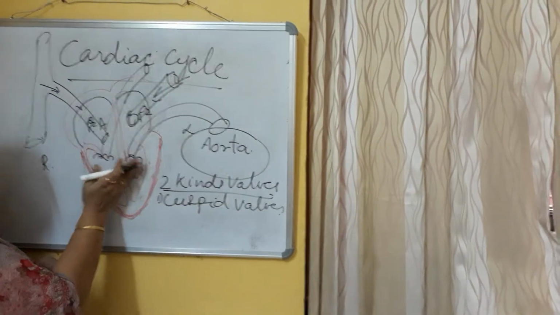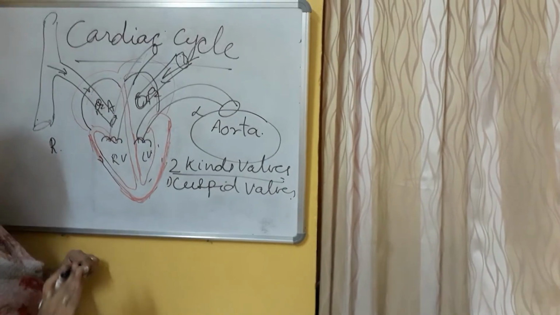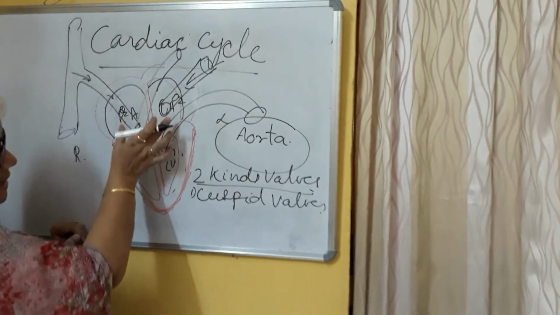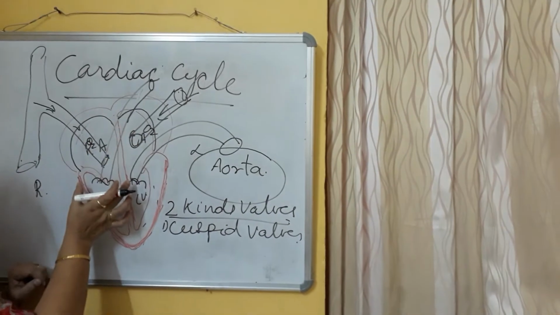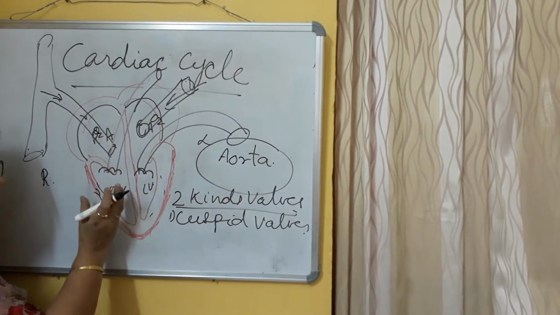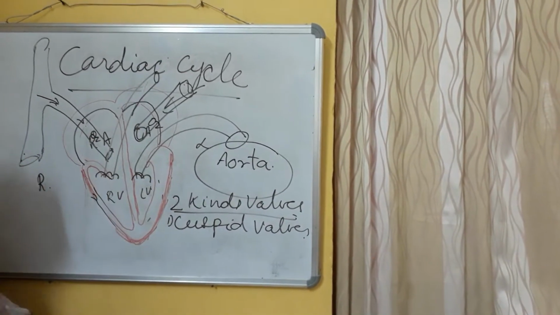On the left side is the bicuspid valve, on the right side the tricuspid valve. What do the cuspid valves do? They allow the flow of blood from auricles to ventricles. When ventricular blood tries to go backwards, these two valves will be closed.